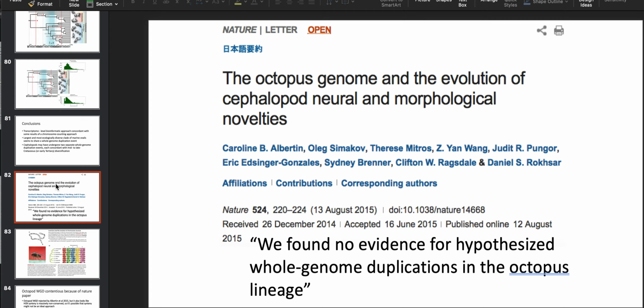But people who sequenced the octopus genome used another line of evidence to say that they're almost positive there was no whole genome duplication event in octopods.